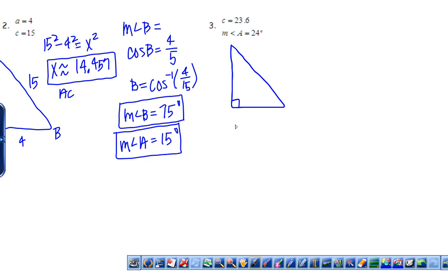Remember, this is C, B, and A. So C is 23.6, and the measure of angle A is 24. So we can find the measure of angle B really easy by saying 90 minus 24. So the measure of angle B is 66 degrees.